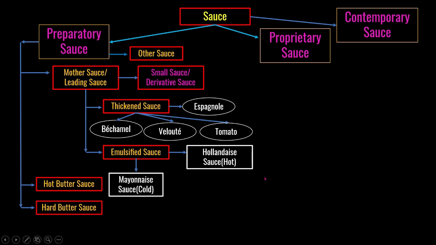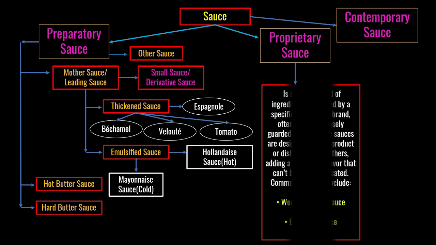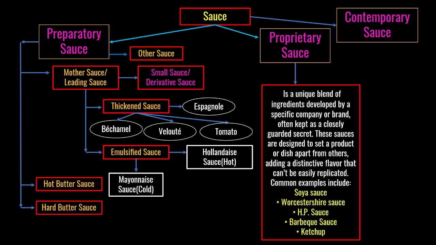Now we are coming to the next category, that is proprietary sauce. What is proprietary sauce? It is a unique blend of ingredients developed by a specific company or brand, often kept as a closely guarded secret. That means these ingredients are not exactly known by common people. It is a secret guarded recipe.